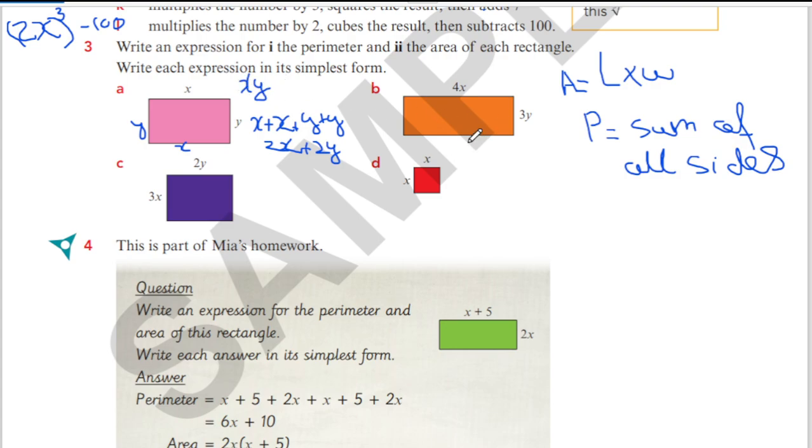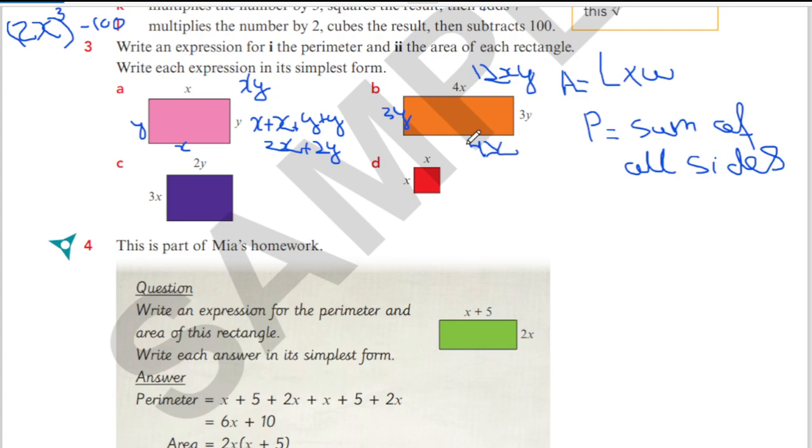Now question number B. 4x is equal to this 4x and 3y will be equal to this 3y. So the area will be 4 into 3, 12, and 12 multiplied by x and y is equal to 12xy.